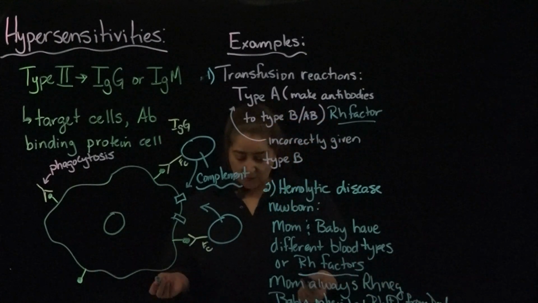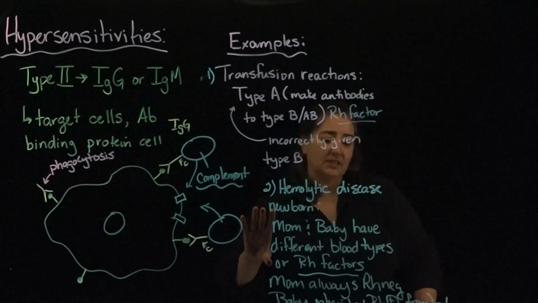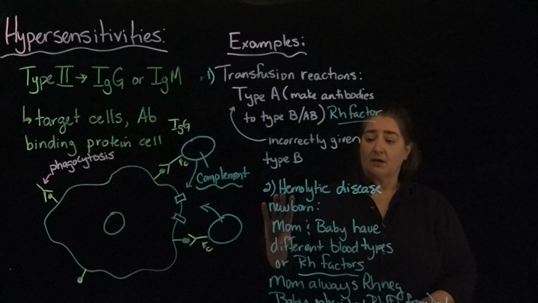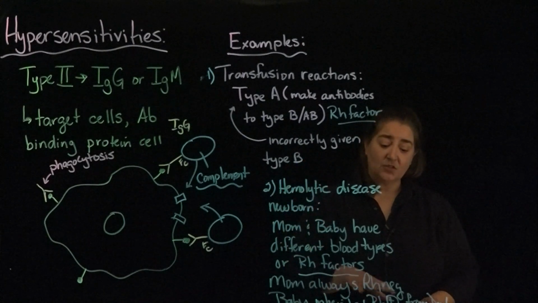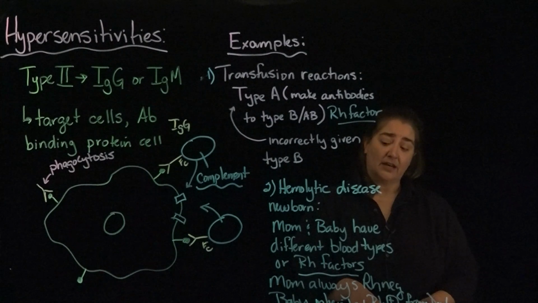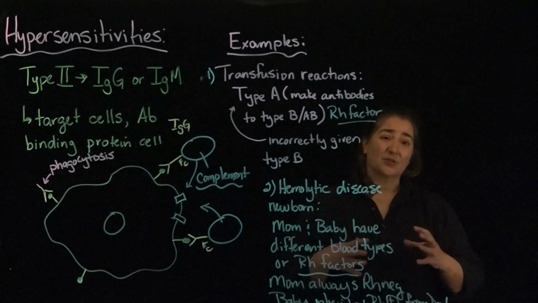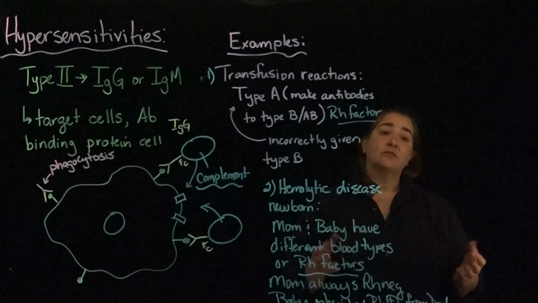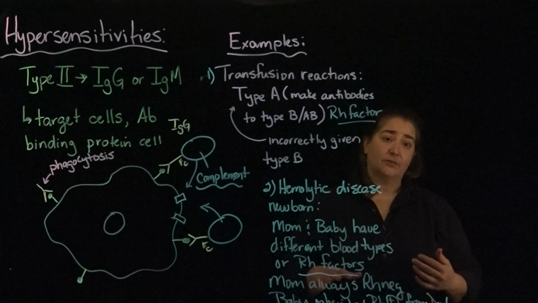What ends up happening with the hemolytic disease of the newborn, or the Rh incompatibility, is that the mom will develop antibodies to the Rh factor on the outside of the baby's blood cells, because with the placenta, there's some degree of mixing between mom and baby that can happen. There is also mixing of mom and baby's blood that can happen during delivery.